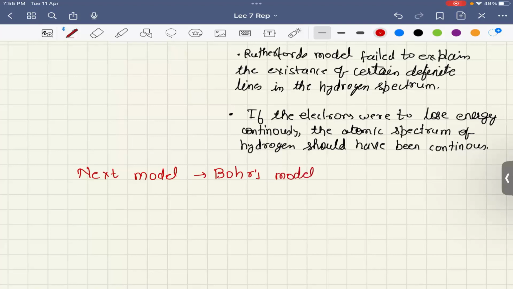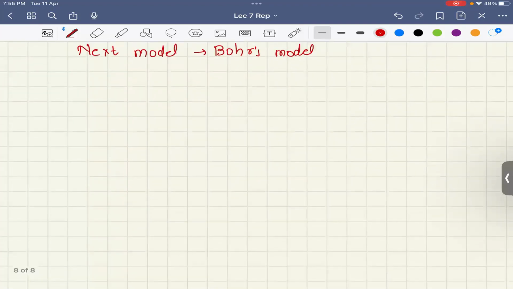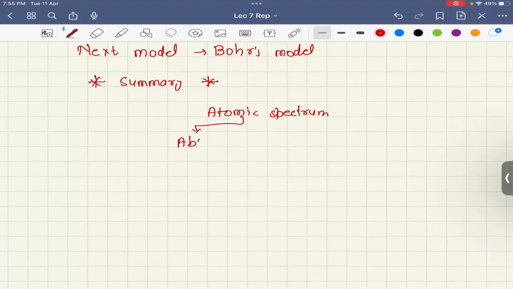Right? So let me do the summary. In this class, we have seen that atomic spectrum has two types: one is absorption spectrum and the other is emission spectrum.